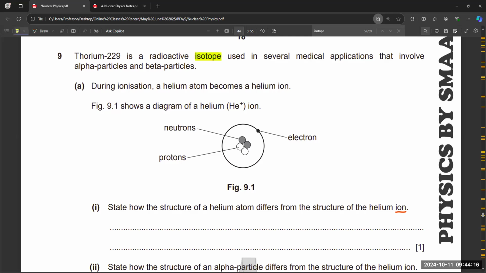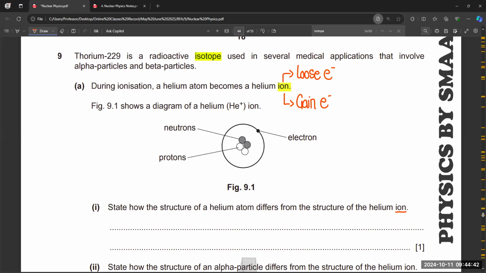It is mentioned in the question: ions mean either losing an electron or gaining an electron. So these are two possibilities. Why are we only talking about electrons?